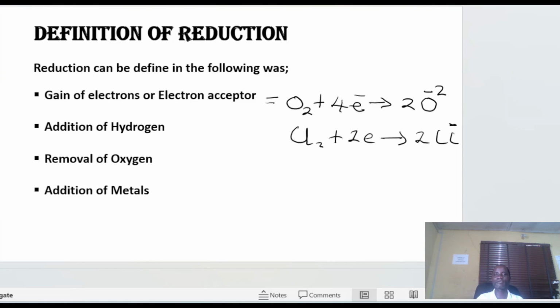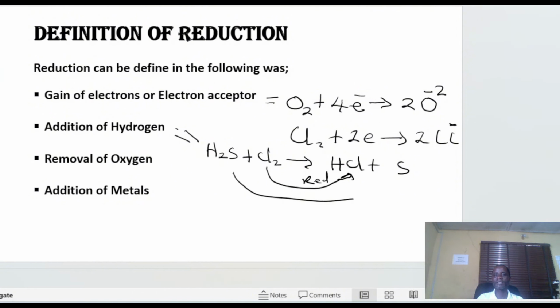Let's look at the addition of hydrogen. In addition of hydrogen, we are going to look at the reaction between hydrogen sulfide plus chlorine gas. Therefore, here will be HCl plus sulfur. Here, there is addition of hydrogen, therefore this is reduction.